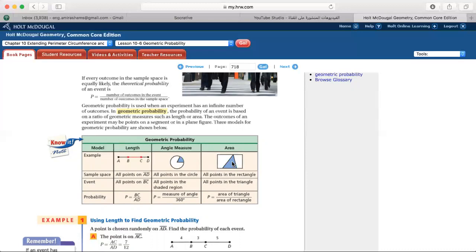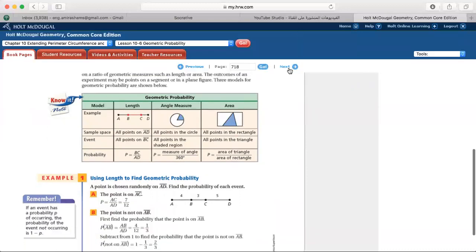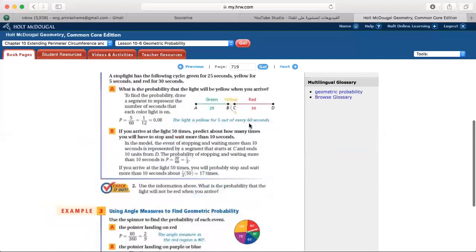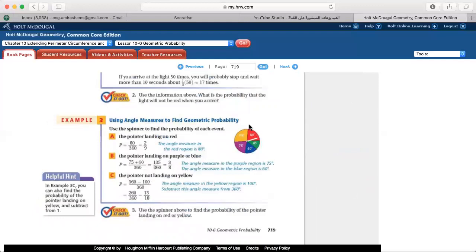So I will get the area of the triangle first, then the area of the whole rectangle, because the triangle is a part of the whole and the whole is a rectangle. We also talked about using angle measures to find geometric probability, as in this one: the angle, and the total is 360.